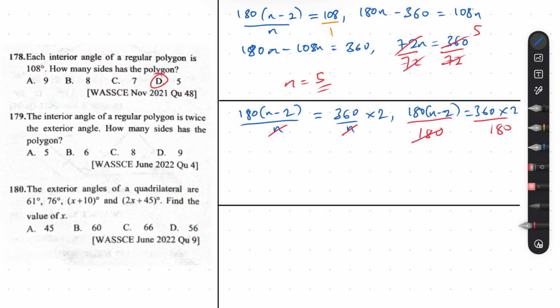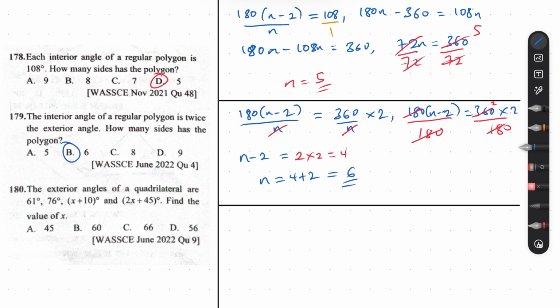So we have n minus 2 equal to 2 times 2, since 180 goes into 360 twice, which is equal to 4. That means n equals 4 plus 2, which is 6. So the number of sides is 6, which is B.